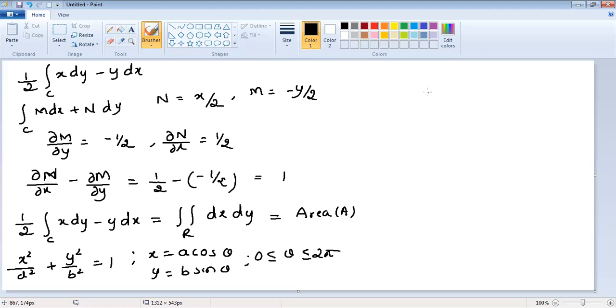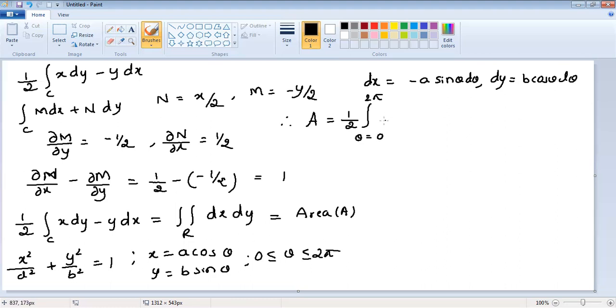So now dx will be minus a sin theta d theta and dy will be b cos theta d theta.